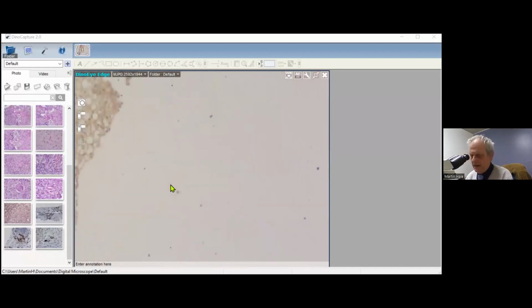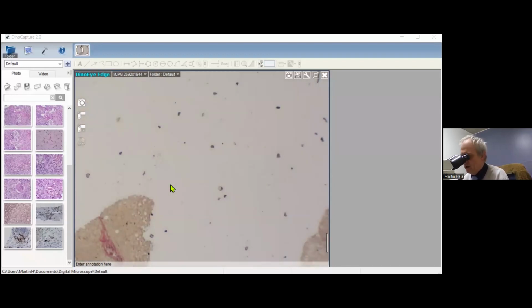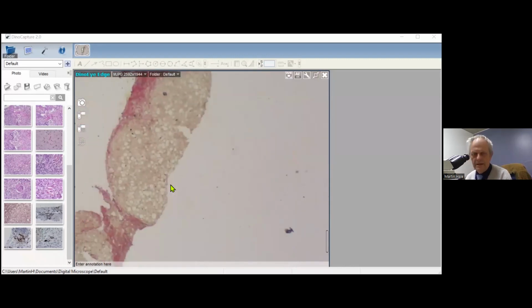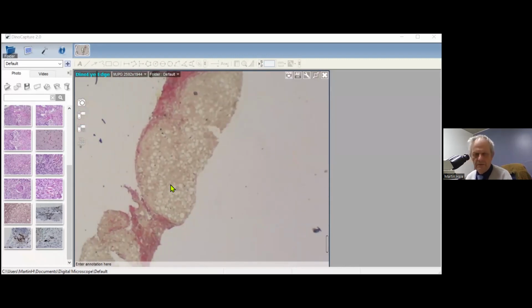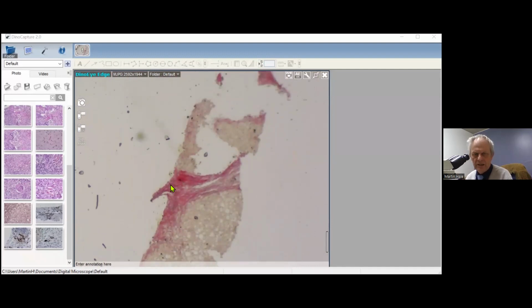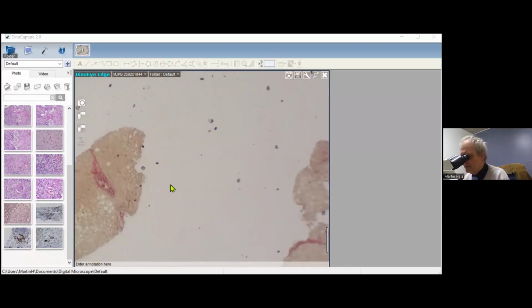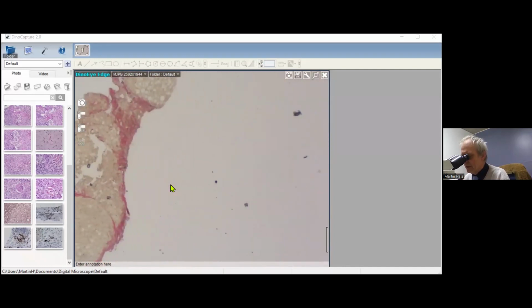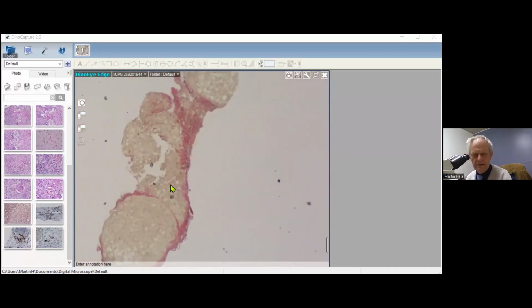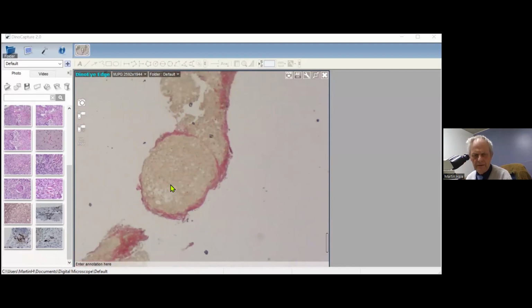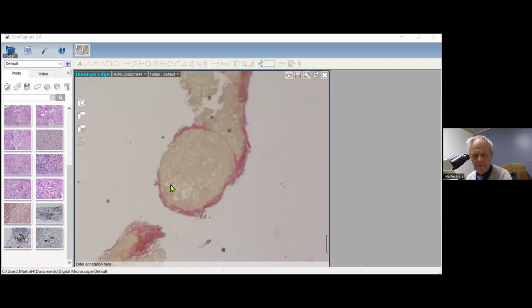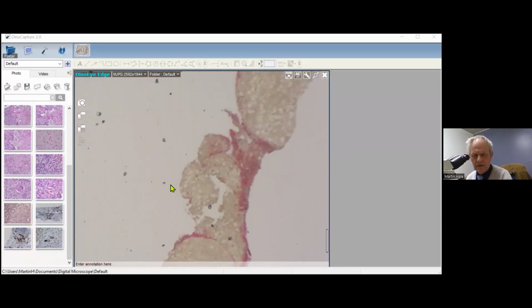But you can see straight away under low power the nodular change that we've got in this biopsy. And I think it's probably best evident, for example, there, and also along here.